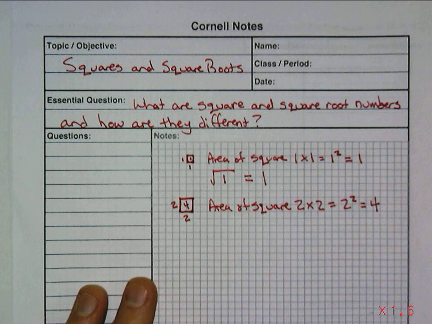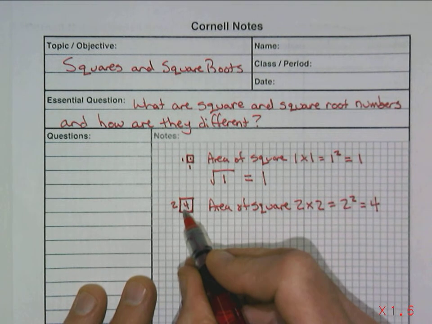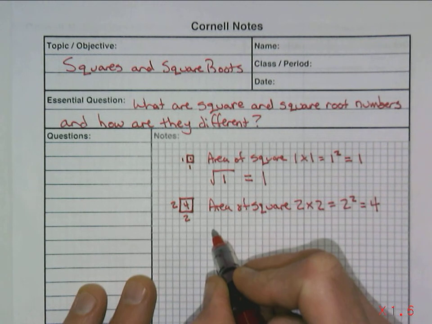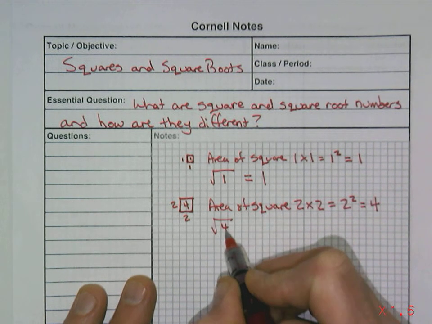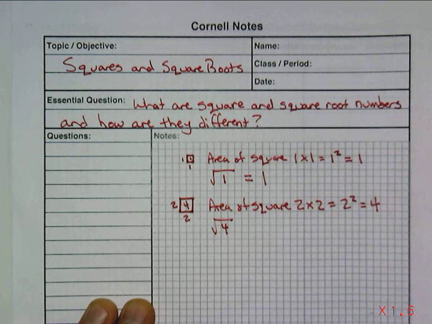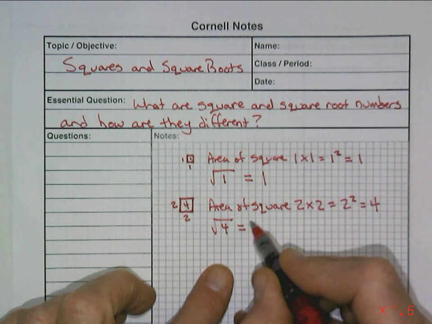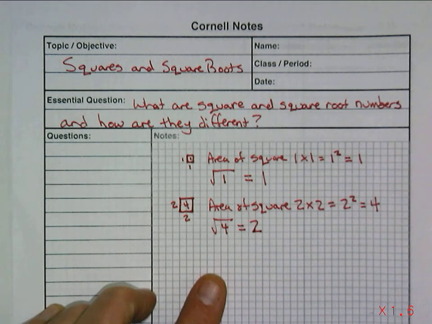But we can also take the root of the square, and if the square's area is 4, the square root of 4, this symbol is used for square roots, the root of that square, in other words, the side lengths of that square, are 2.